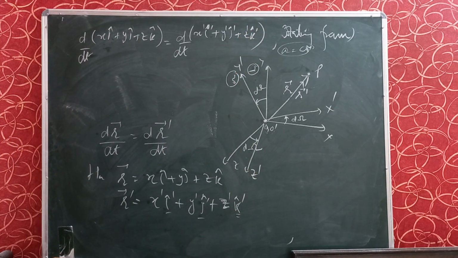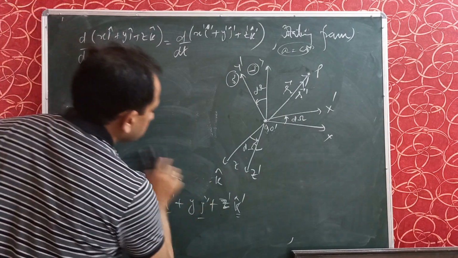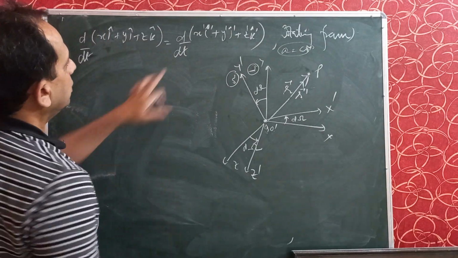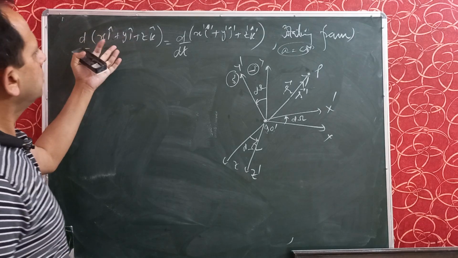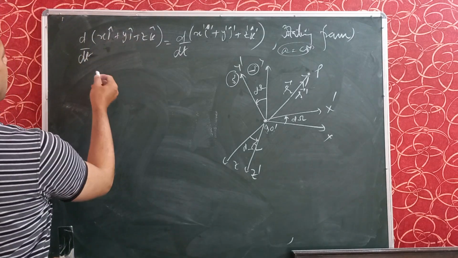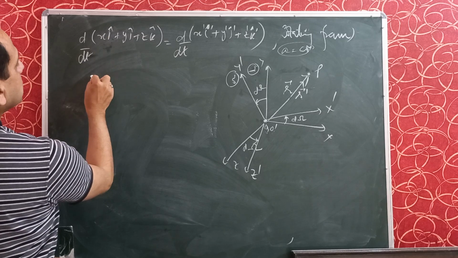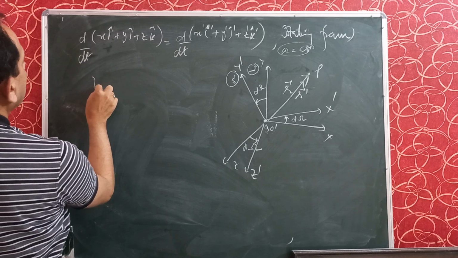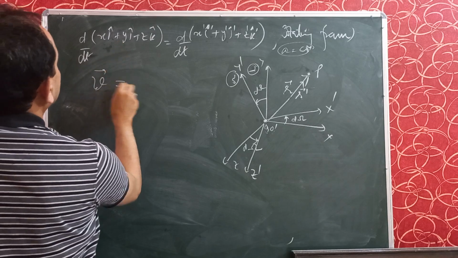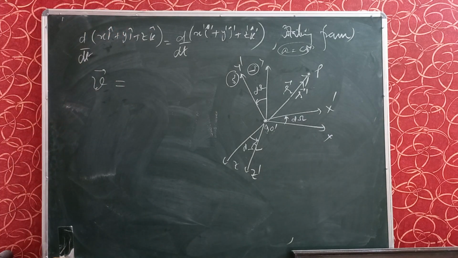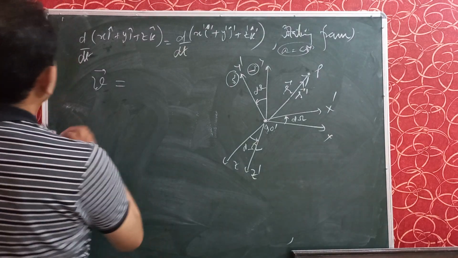Now, we will solve the dash parameters in the S dash frame, and on the left hand side it will be written as simple velocity v, or this may be written as dr by dt.